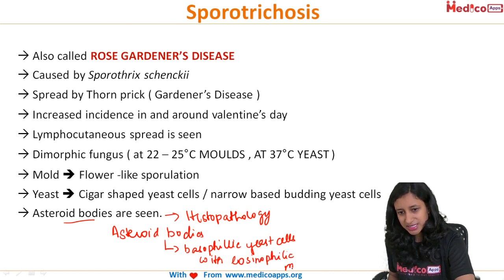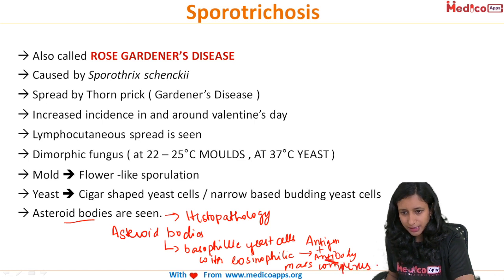This is what you commonly see, and this eosinophilic mass that we are describing here is nothing but your antigen and antibody complexes. So these are antigen plus antibody complex, which is seen as eosinophilic mass.